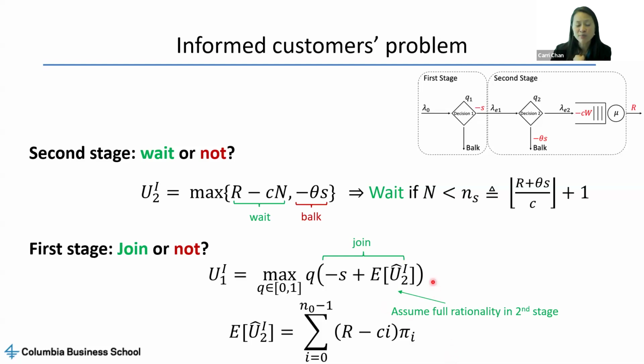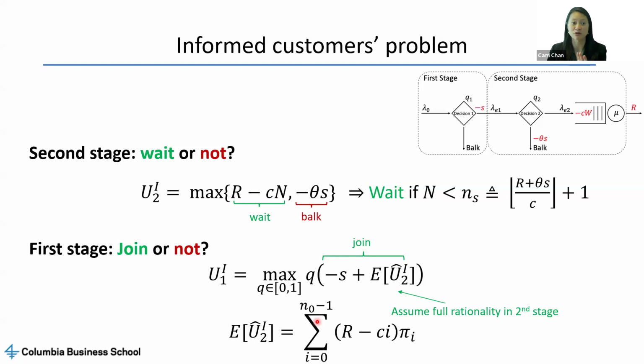So this expected utility is over the queue length distribution up to a different threshold. If you assume yourself to be fully rational, you'd actually balk at a lower threshold than if you had that sunk cost.